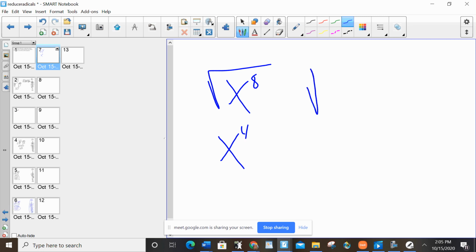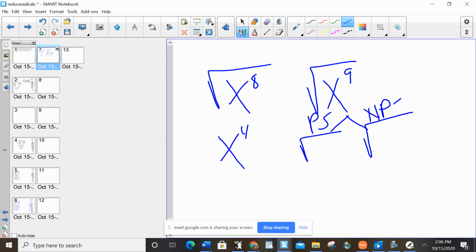Now, if it's an odd power, odd powers are not perfect squares. So here's what we have to do. Just like what we just did, we're going to break it down into perfect squares and non-perfect squares. The perfect square, we're going to drop the power down by 1.